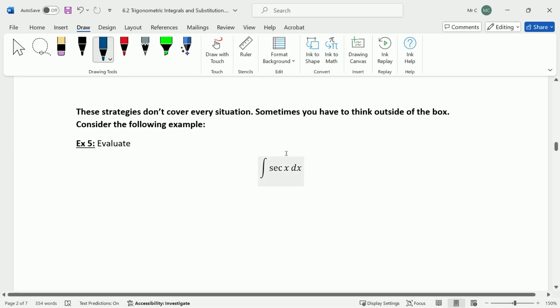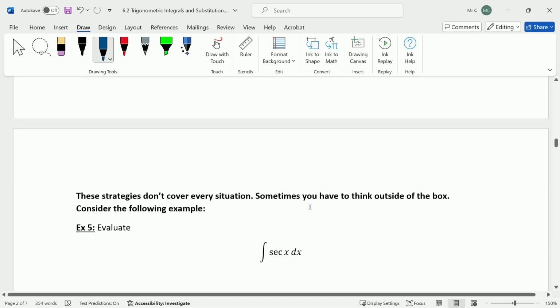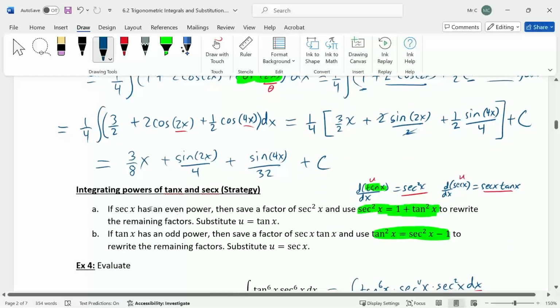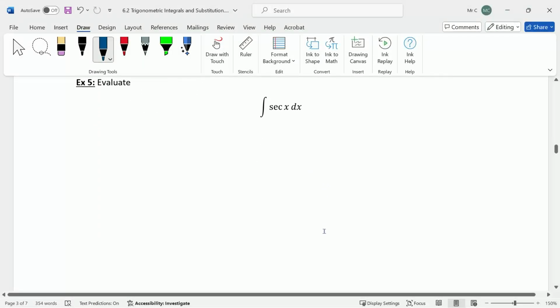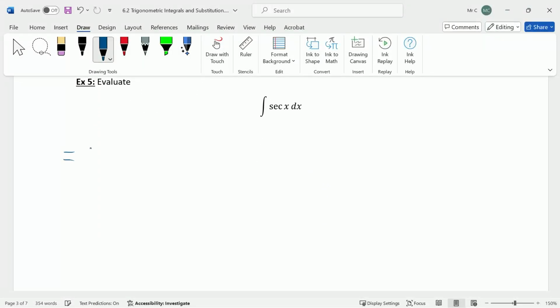So here, this doesn't fit either situation. I don't have an even power of secant or an odd power of tangent. I just have secant to the 1st power. And so what I'm actually going to do in this case is something very clever that I'm sure the first person to figure it out took many, many months of trying things before it popped out.